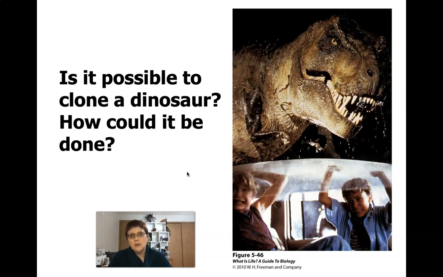The second problem is finding a suitable surrogate. The most closely related organisms on the planet to the dinosaurs are the non-avian dinosaurs. Yeah, that's right, the dinosaurs are still here. They are just the avian dinosaurs. These guys are the non-avian dinosaurs. I got very excited.